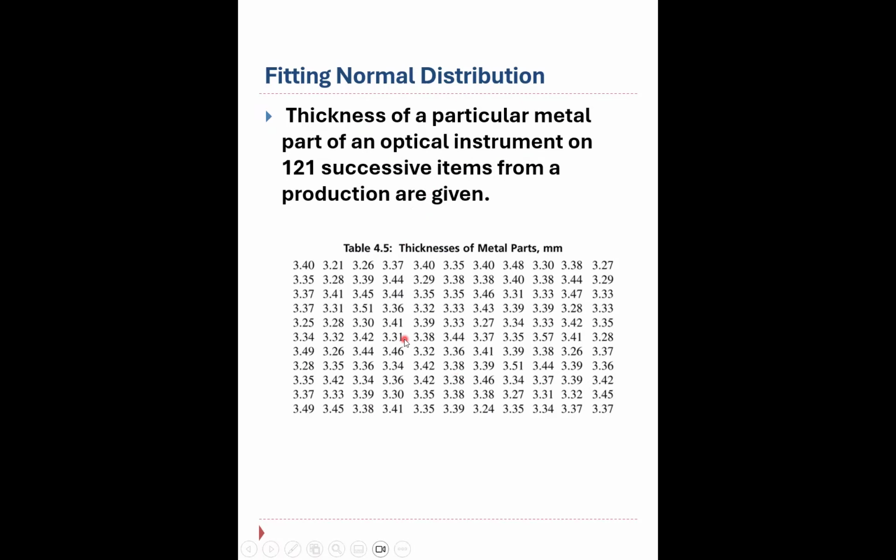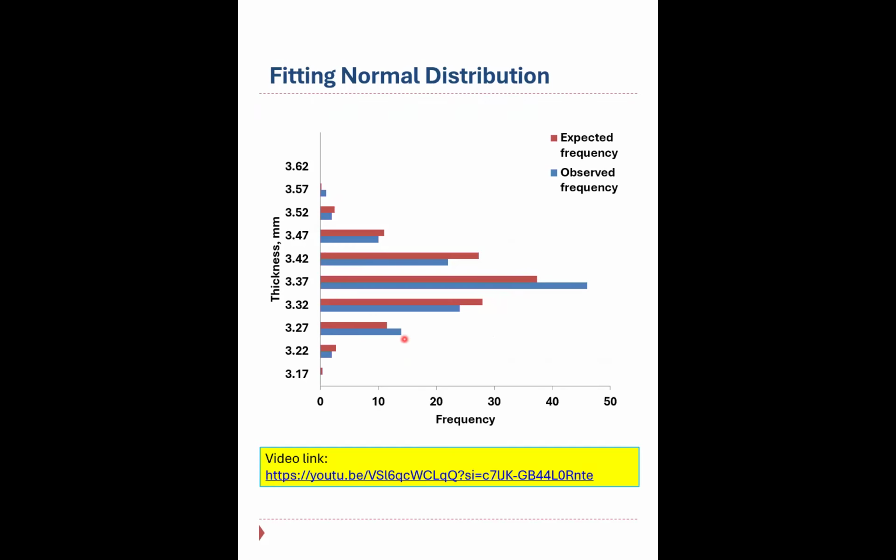So earlier we generated the frequency distribution and we developed the expected frequencies. In this process, we calculated the mean value and standard deviation from the data, and mean and standard deviation are required to generate the estimates from the normal distribution.